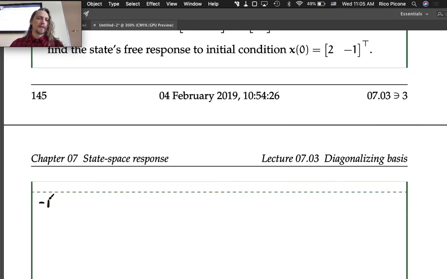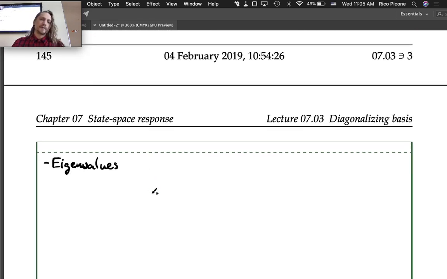So the first thing we need to compute are our eigenvalues. As usual, we need to find the determinant of lambda I minus A and set that equal to 0, which will give us our characteristic equation and eventually our eigenvalues.